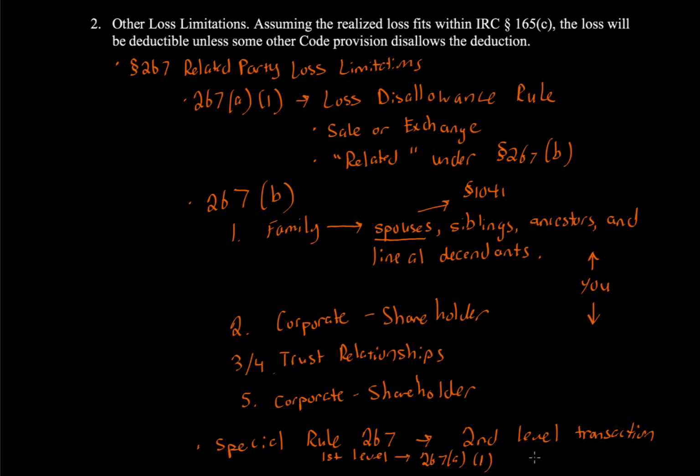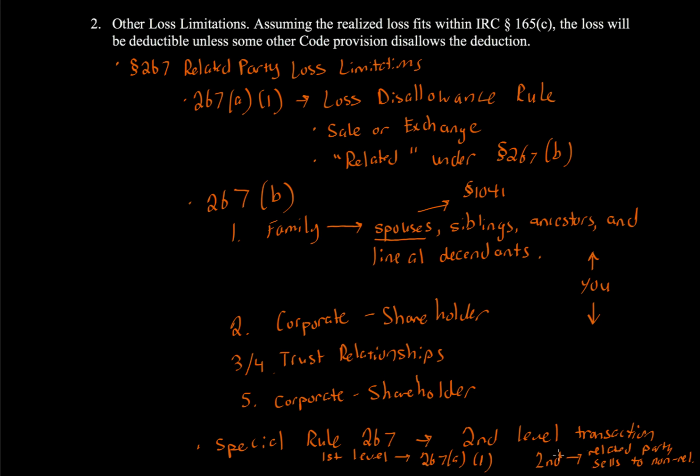On the second level, what happens if the related party then sells to a non-related party? I'm talking about in the future. What happens if the loss is disallowed under the first transaction, but then let's say 5 years after that, the related party that purchased it in the first one sells to a non-related party for a gain?